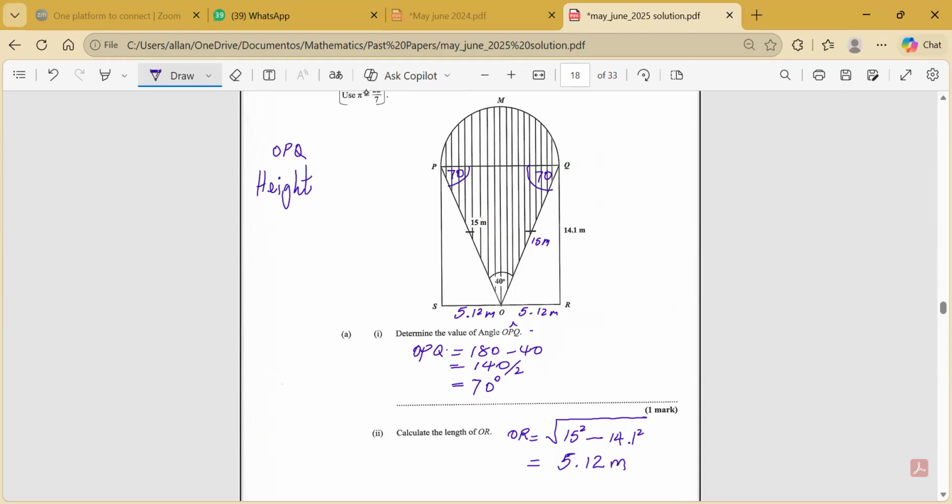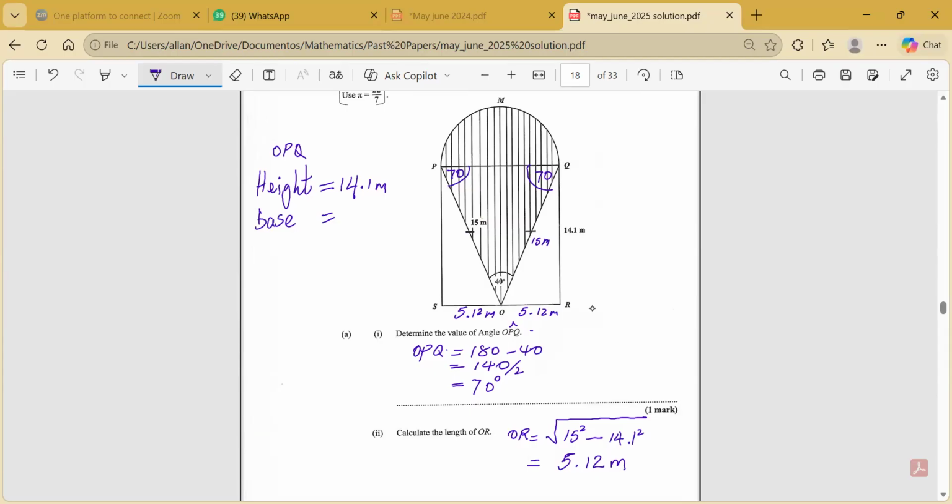Watch the rectangle. 14.1 meters. So that's your perpendicular height. Do we know the base of the triangle? What's the base?